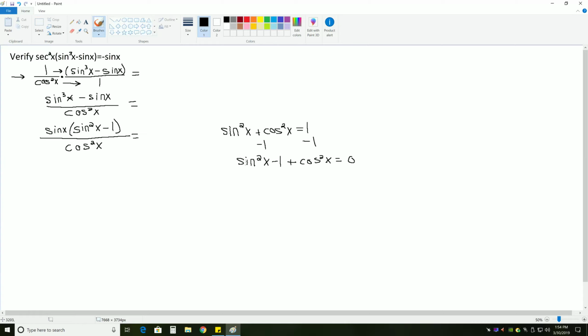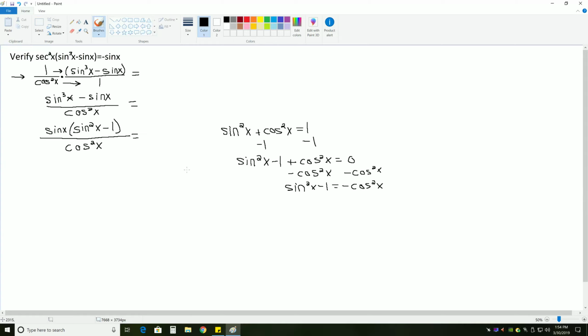And then to get the sine squared x minus 1 completely alone, we would then have to subtract cosine squared x from each side, giving us sine squared x minus 1 equals negative cosine squared x.